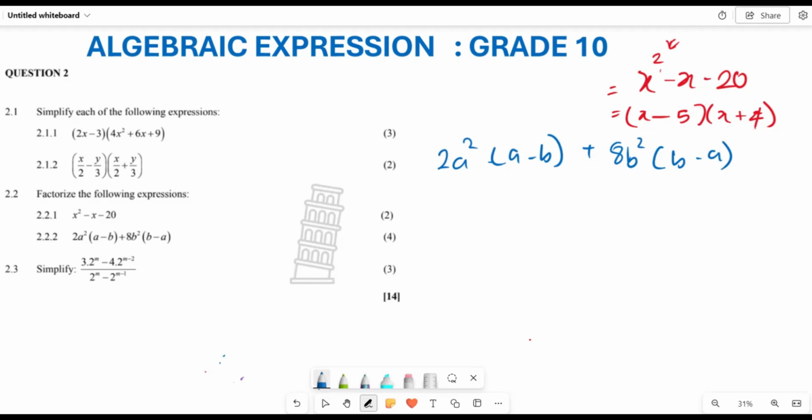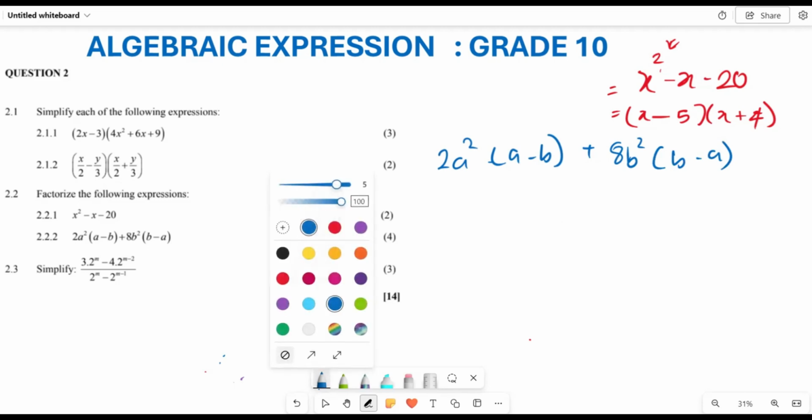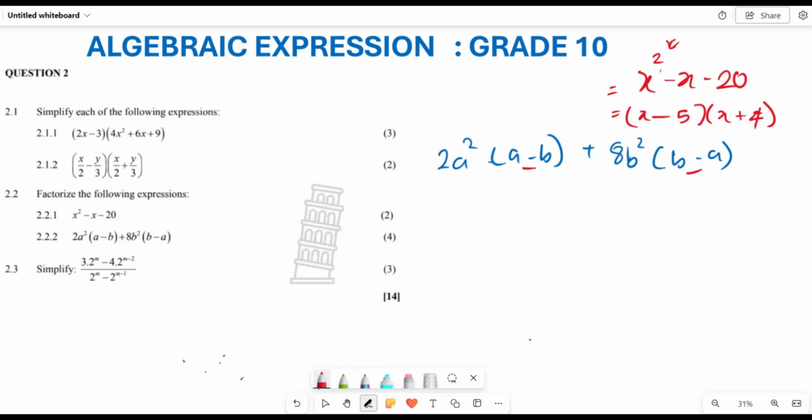Now, the first thing that I want us to do here is to ensure that you are having the same bracket so that you can take out a common factor, right? So how can you change b subtract a so that it is the same as a subtract b? This is the same as 2a squared into bracket a subtract b.